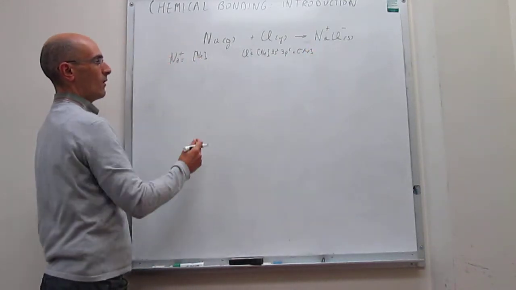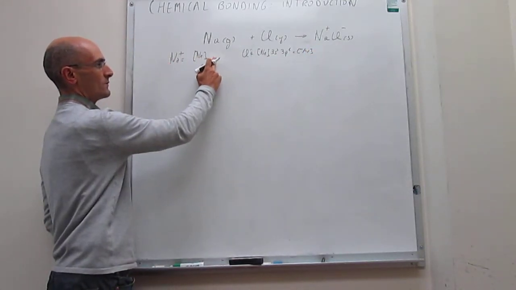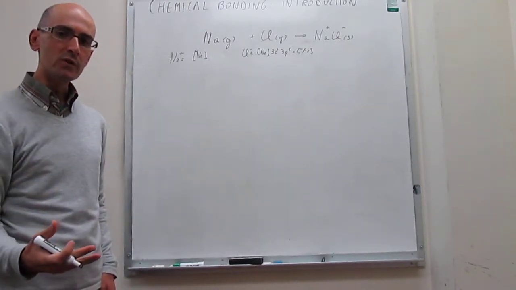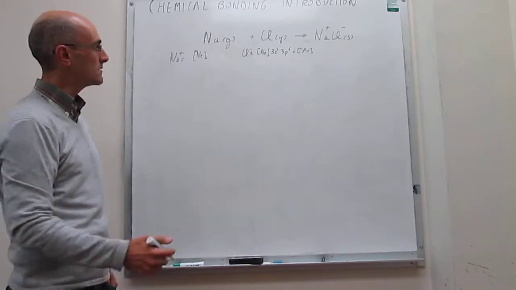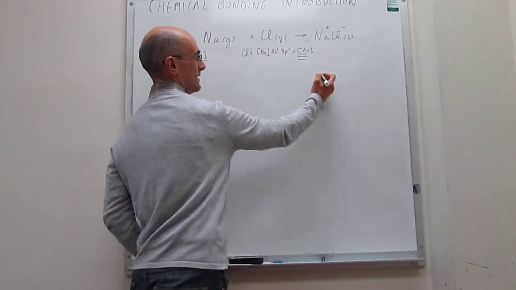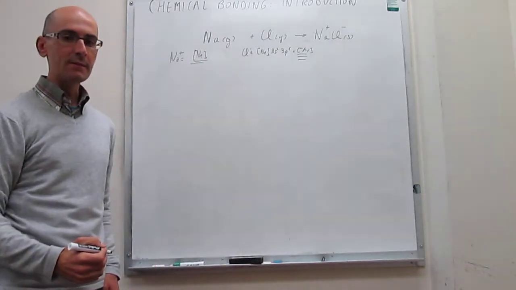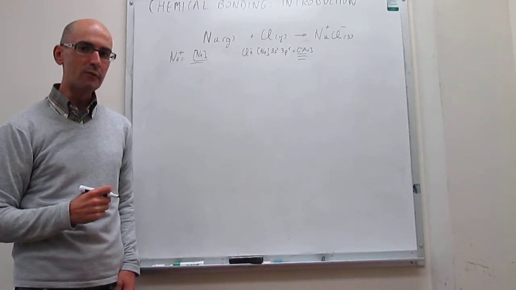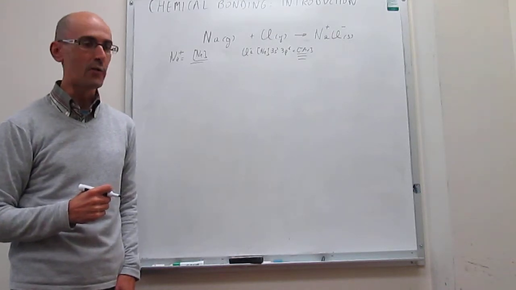Notice how the transfer of an electron from sodium to chlorine results in a situation in which both of the resulting ions have electronic configurations of a noble gas. And again, this confers a special type of stability and is something that is really sought after by atoms when they form interactions with other atoms.